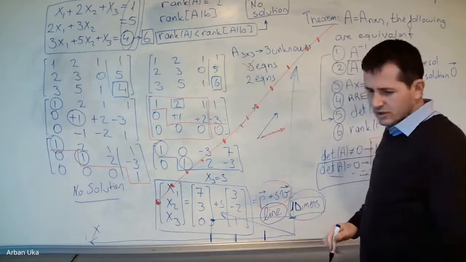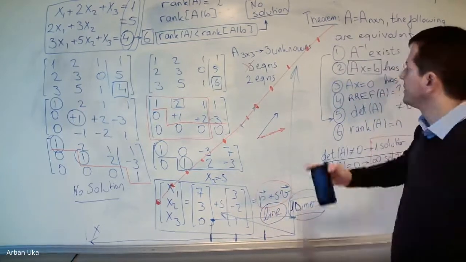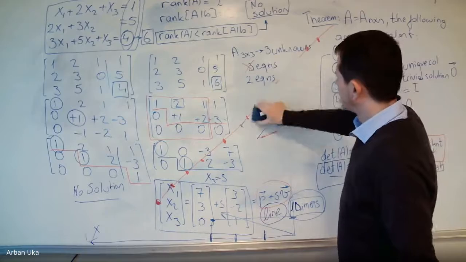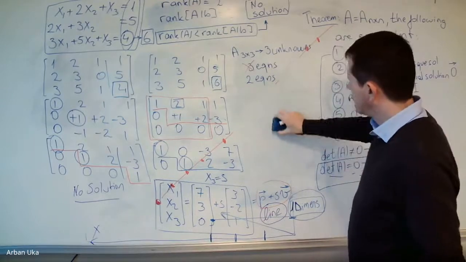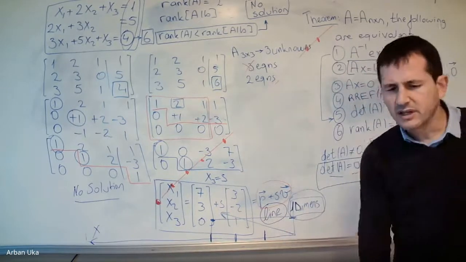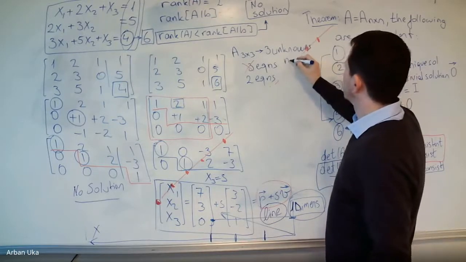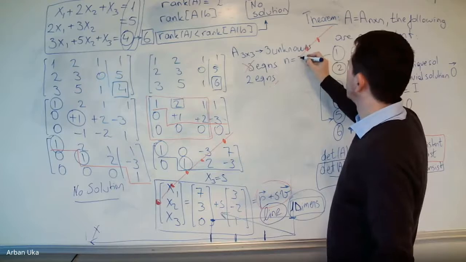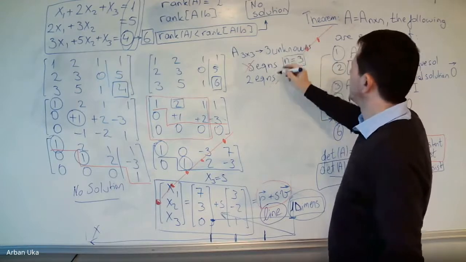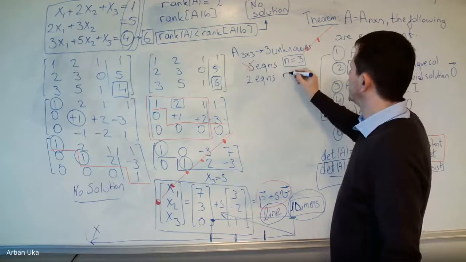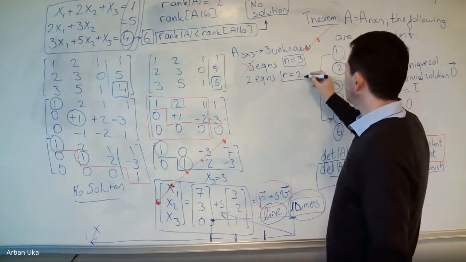If we have 2 equations, what does this mean? Having 2 equations, that means that we have 2 leading ones, or we can say that the rank is 2, right? So we have 3 unknowns. When we say we have 3 unknowns, we said n is equal to 3. Okay? What is the rank? Rank is equal to 2.